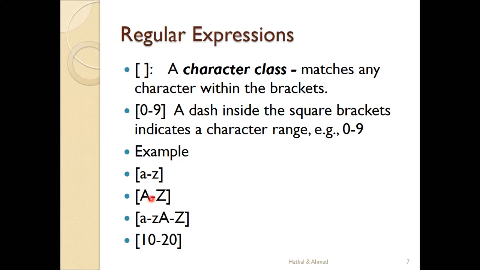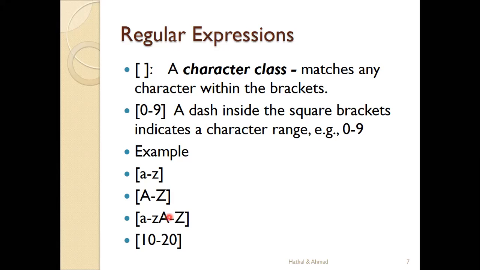The left hand element of the dash indicates the beginning of the character class, and the character on the right side of the dash indicates the end of the character class.